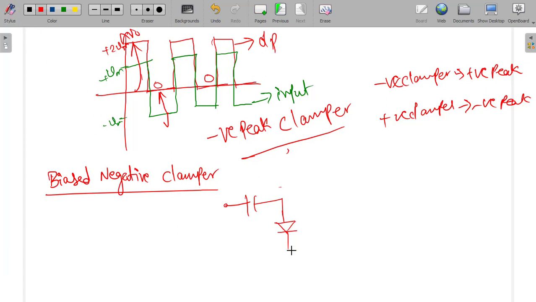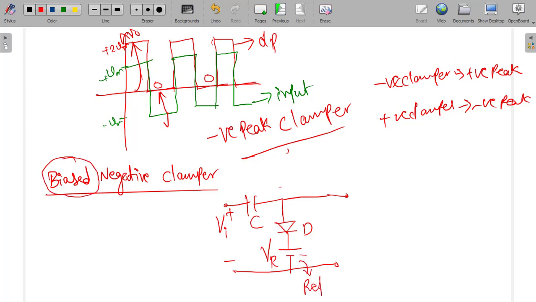Let VR be the reference voltage, and now we will draw the output waveform of the given network. This is capacitor C, this is the diode. Now we have a reference voltage, hence the name bias. Bias is nothing but a bias voltage. This is also called the reference voltage, or bias voltage.